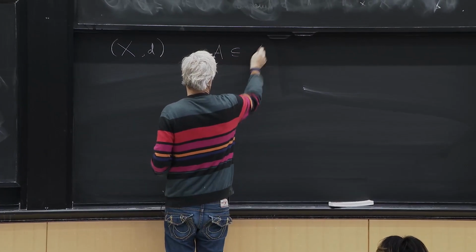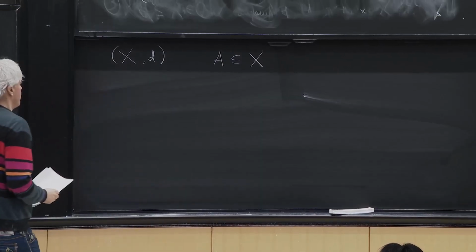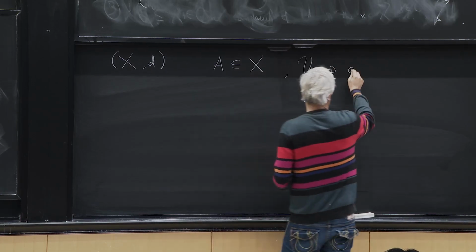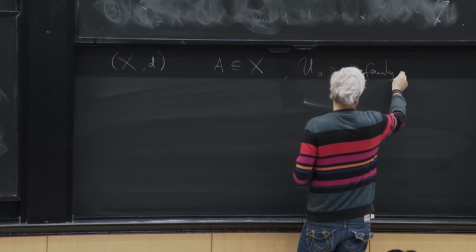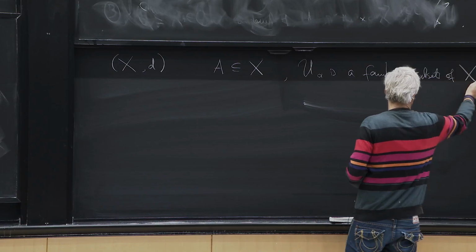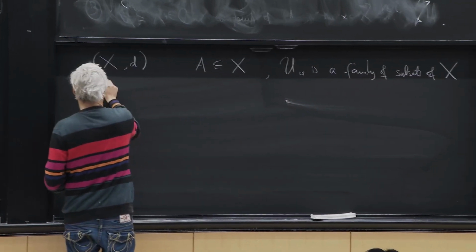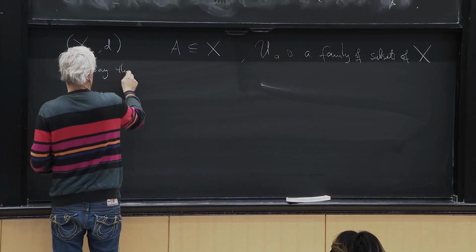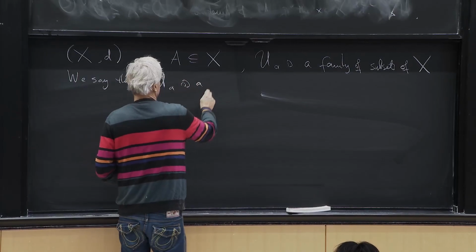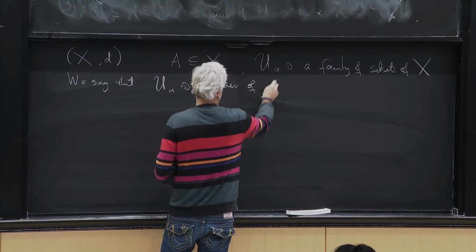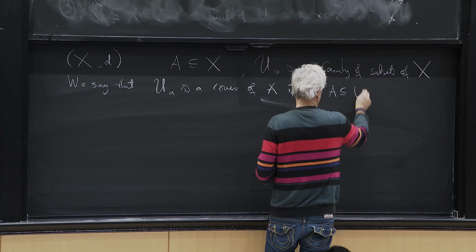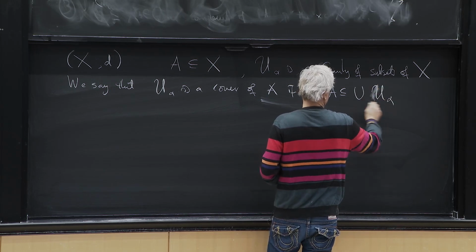A here is a subset of X. And then we have a collection, U alpha, a family of subsets of X, and we say that U alpha is a cover of A if A is contained in the union of the U alphas.